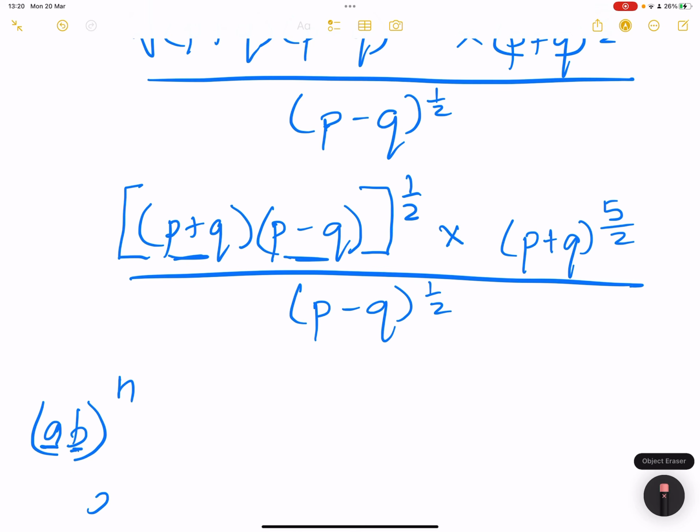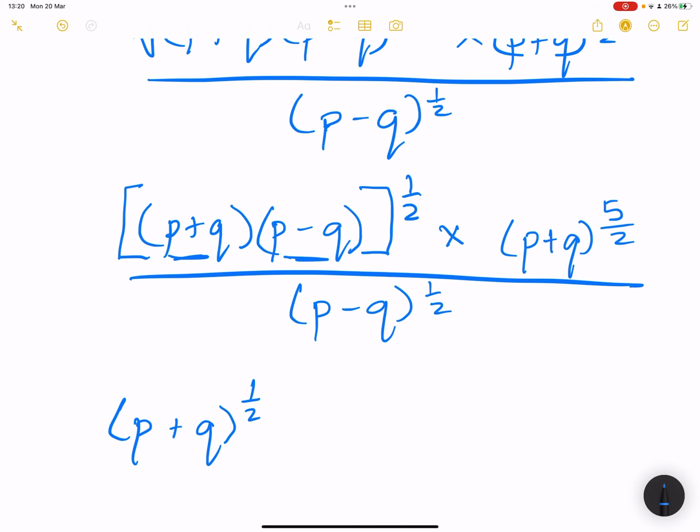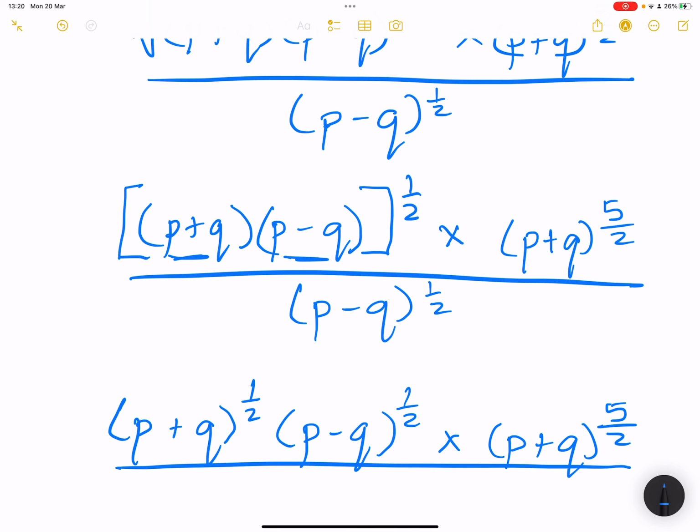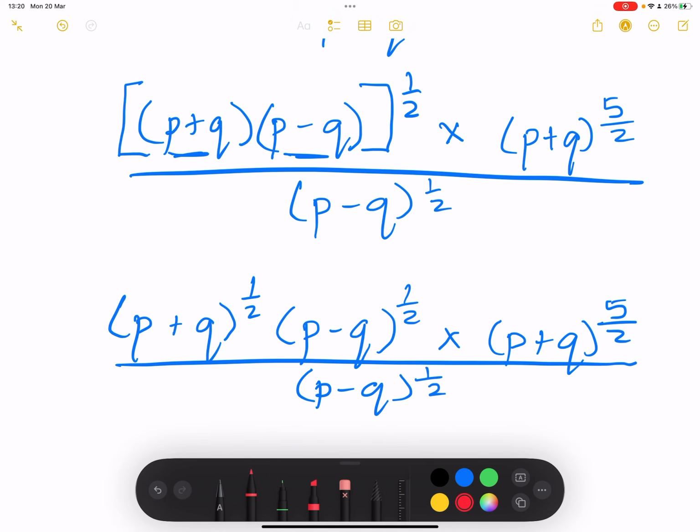So this becomes p plus q to the 1 over 2 times p minus q to the 1 over 2, multiplied by p plus q to the 5 over 2, all over p minus q to the 1 over 2. Now, I'm sure you can see that we've got two brackets that are exactly the same, and we are dividing, so that cancels with that.